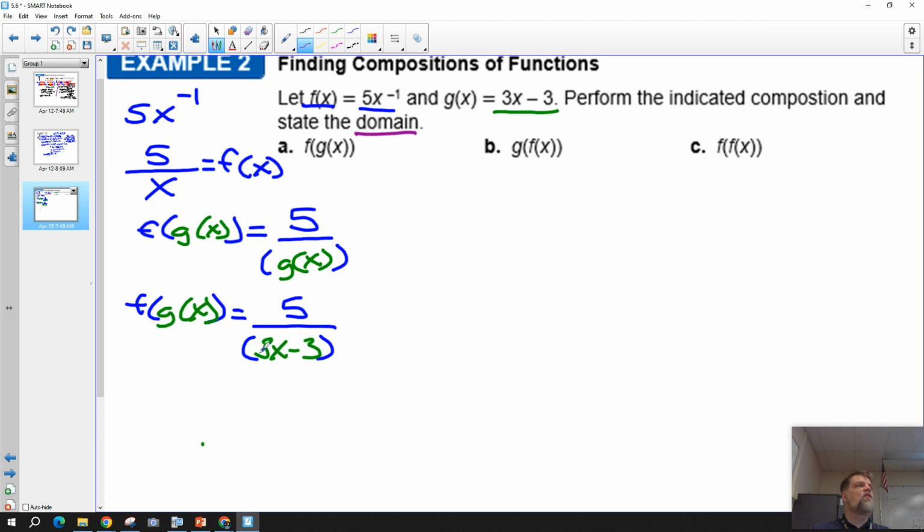But what is it that we know about a fraction? That the denominator cannot equal 0. So we just write that out. We know that 3x minus 3 cannot equal 0. Correct? This is how we find the domain.